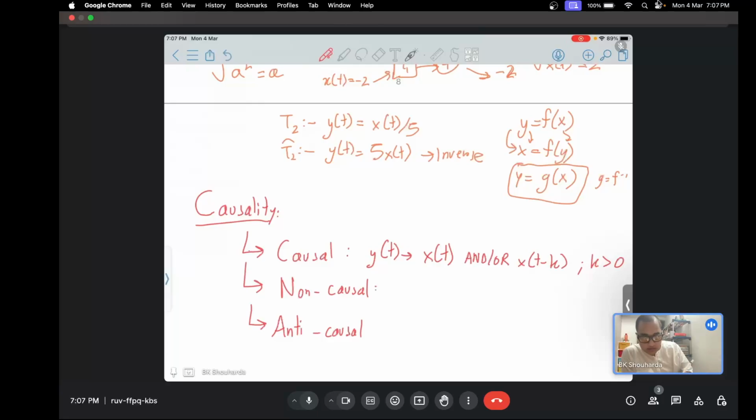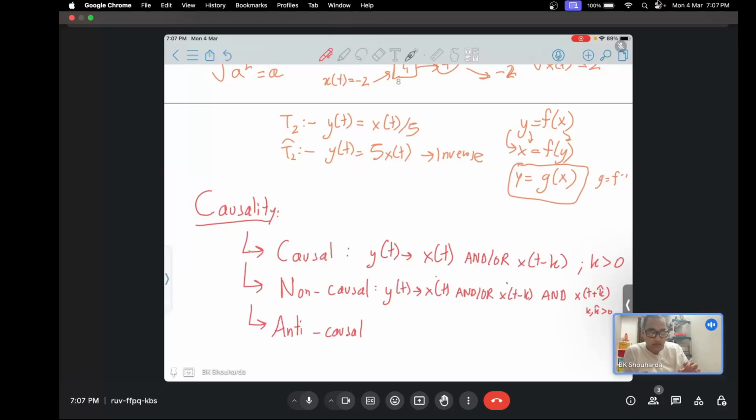When can you say that it's causal? When you see that y(t) depends on x(t) and or x of t minus k, and x of t plus k hat, both k and k hat are greater than 0. That means either present is there or past is there.